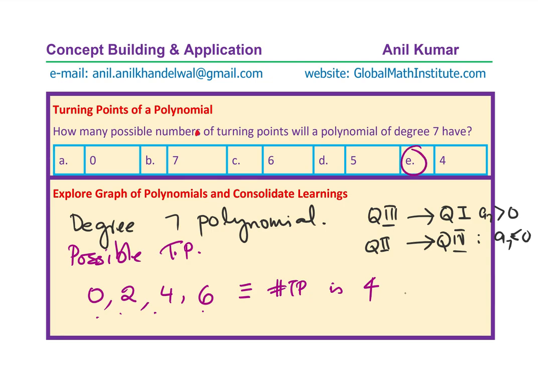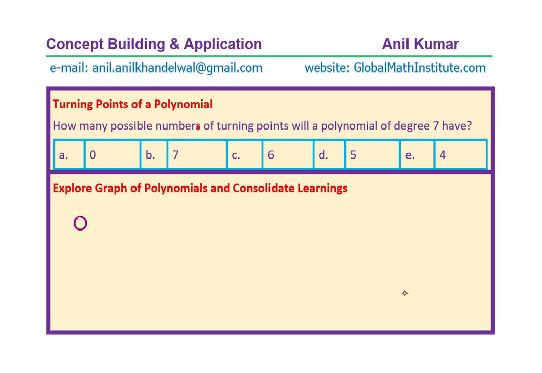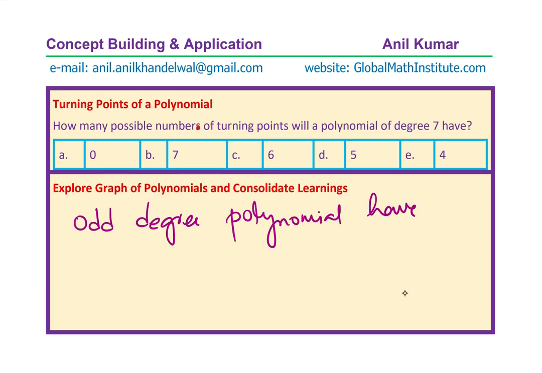So what you notice here is very clear. And that is odd degree polynomials have even number of turning points. You get the idea.